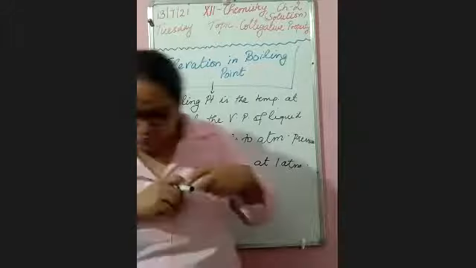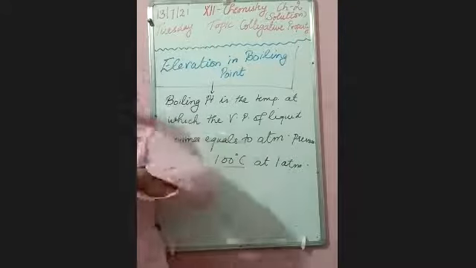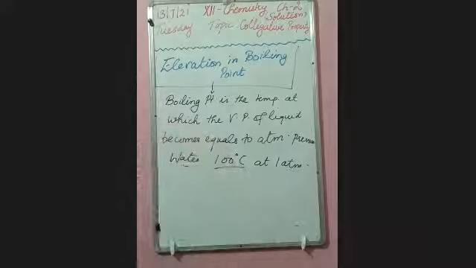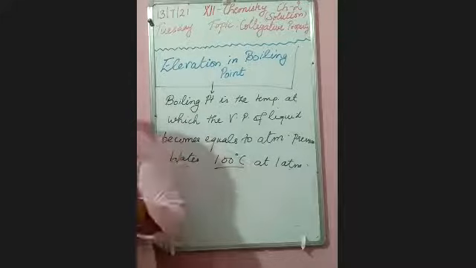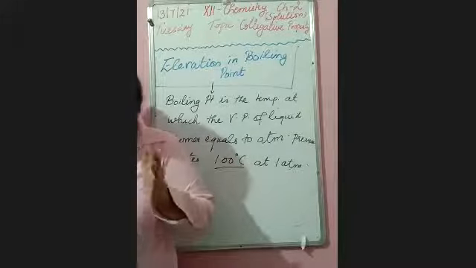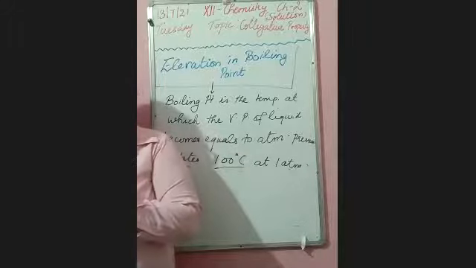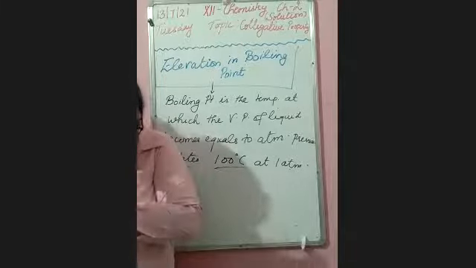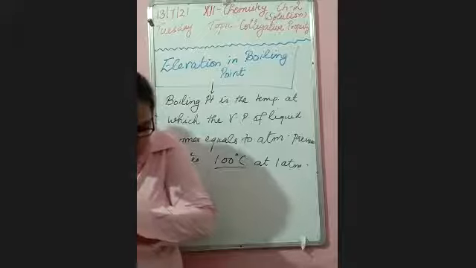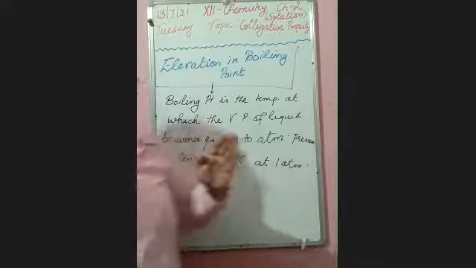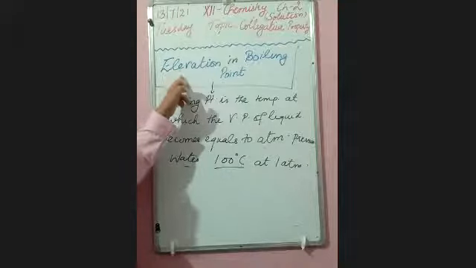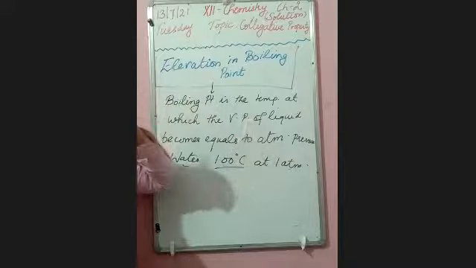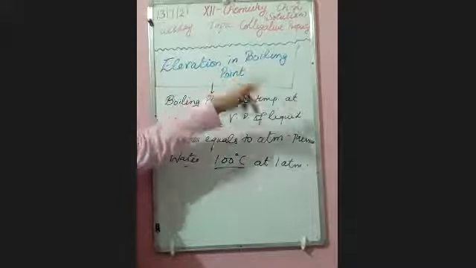Now, it is found that the boiling point of the solution is always higher than that of the pure solvent. This is your increase in boiling point or elevation in boiling point.